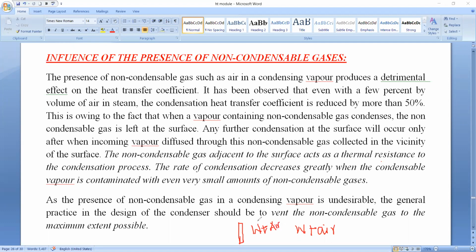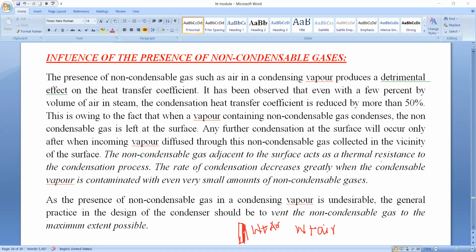As this mixture comes into contact with the cold surface, the latent heat will be transferred from the vapor to the surface, thereby forming a condensate over the surface. But these non-condensable gases will be left over the surface of the wall.